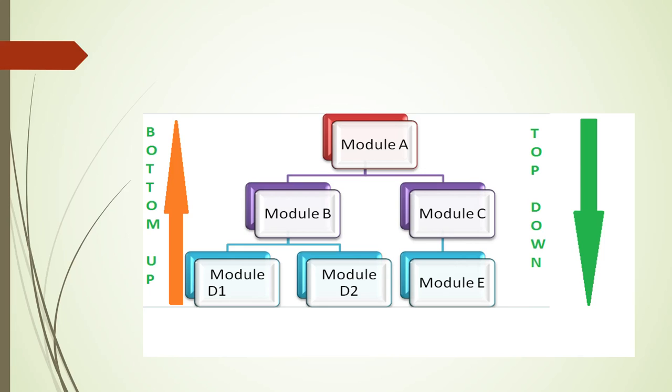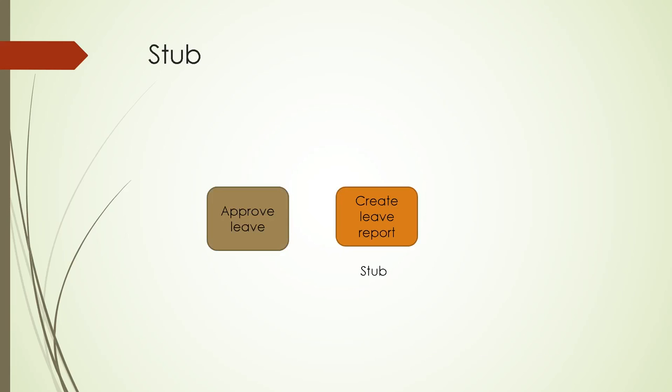Stubs are not a complete implementation of that particular module. Tests are conducted as each component is integrated. Stubs are removed, and the integration moves downwards through the program structure.